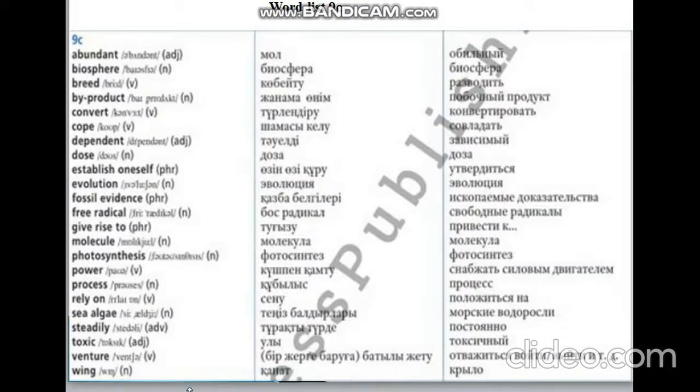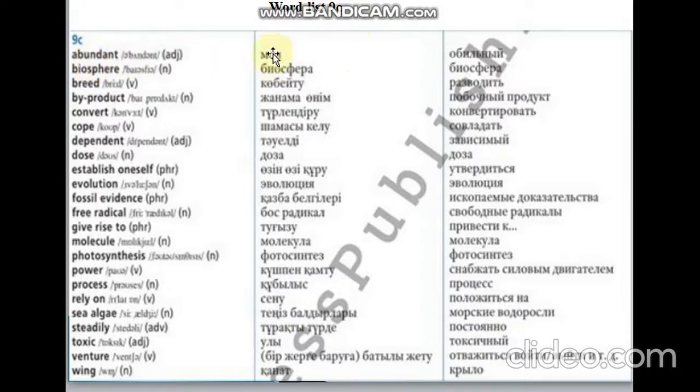Today's lesson, new vocabulary. You will write in your dictionary at page word list 9C. Repeat after me.